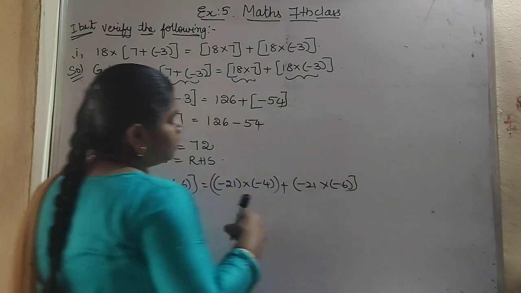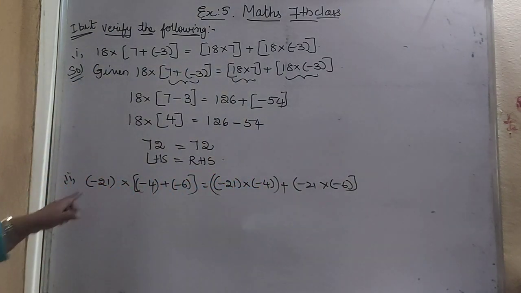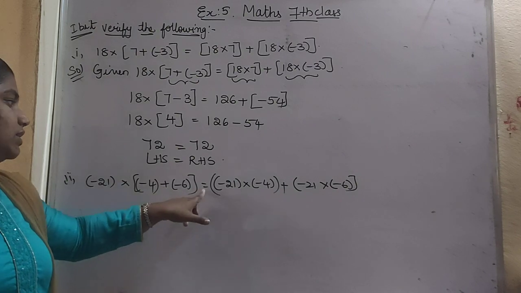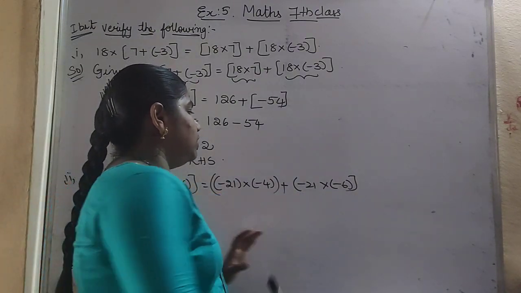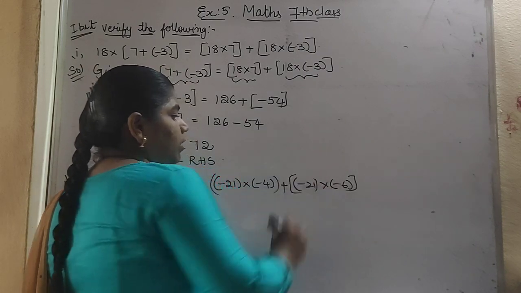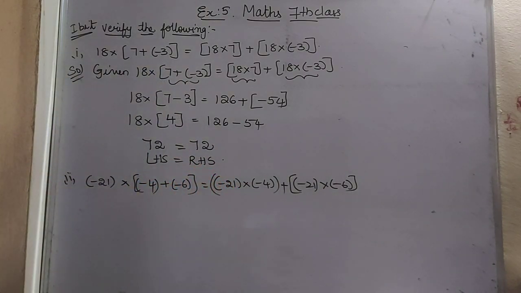So again this is in the form of distributive property only. A into B plus C is equals to A into B plus A into C. So we should get the LHS value equal to RHS value.